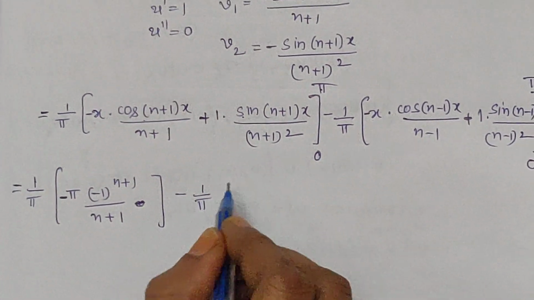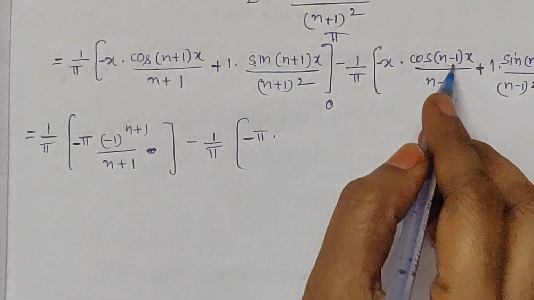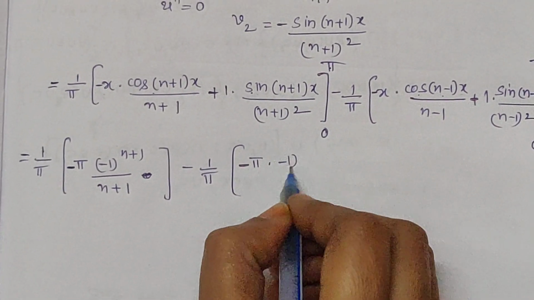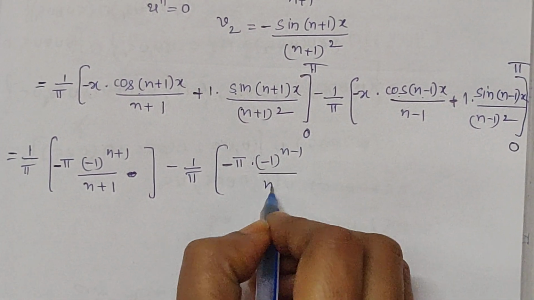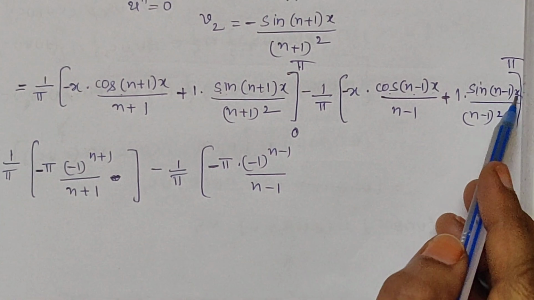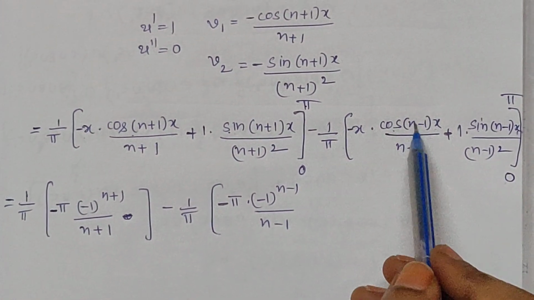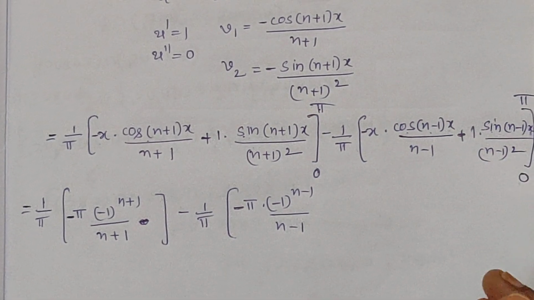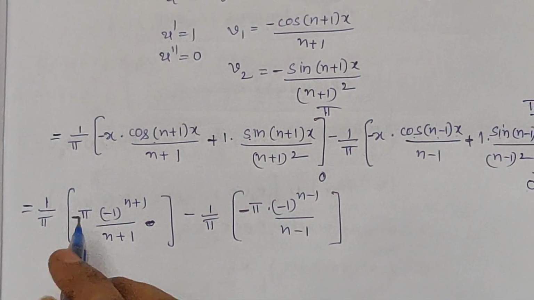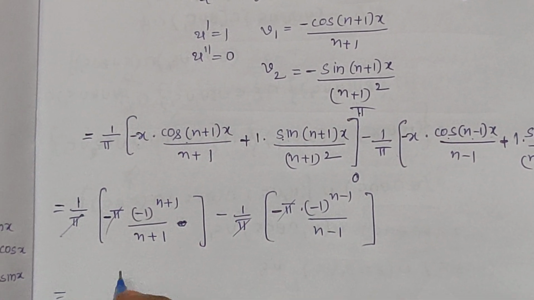Minus 1 by pi. Here also minus pi into cos, this term (-1)^(n-1) by n-1, and for this term 0 by substituting pi in place of x, and at the lower limit 0, 0 into this term is 0, sin 0 is 0. So pi cancels, here also pi cancels.